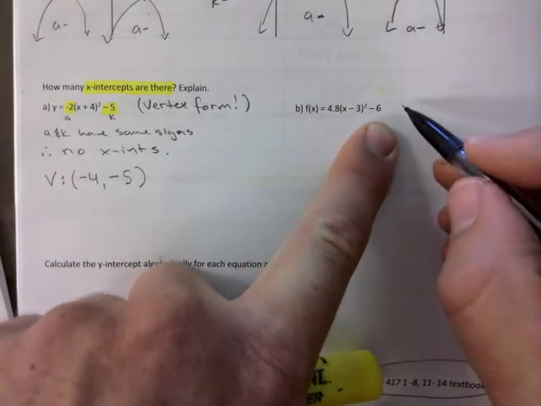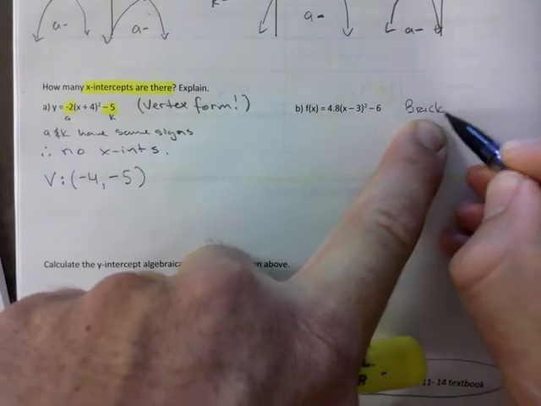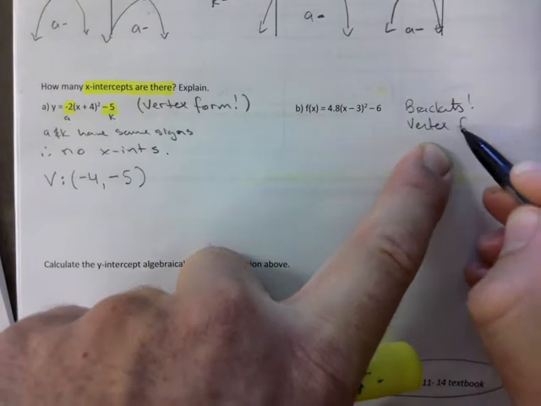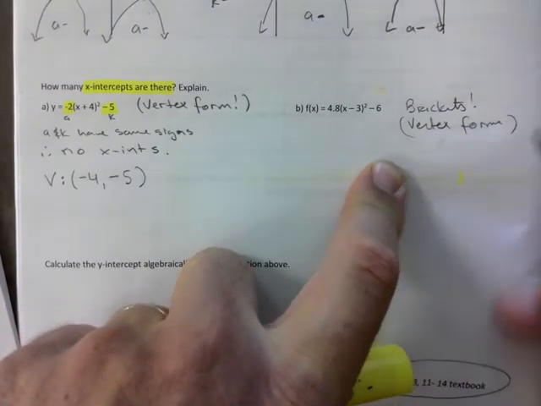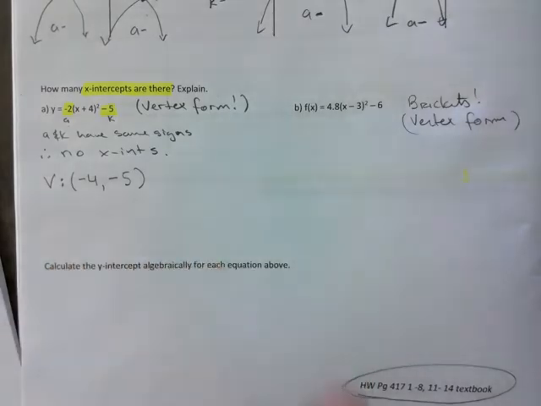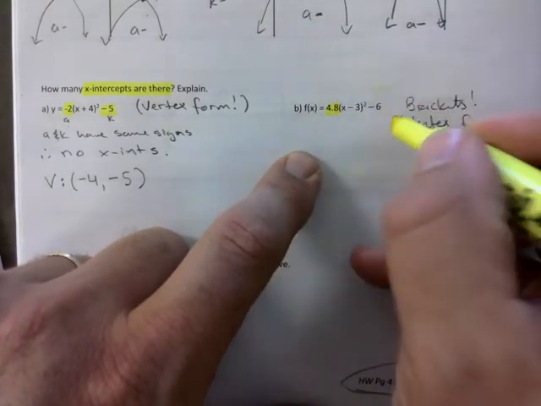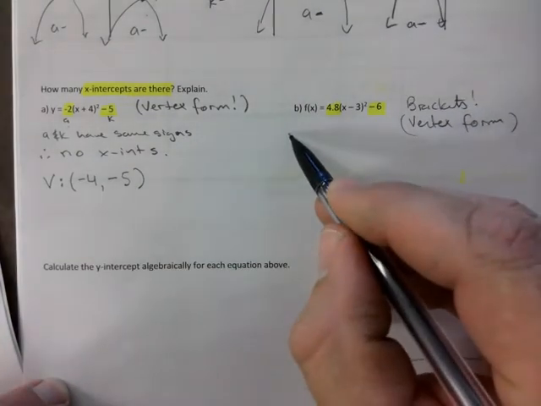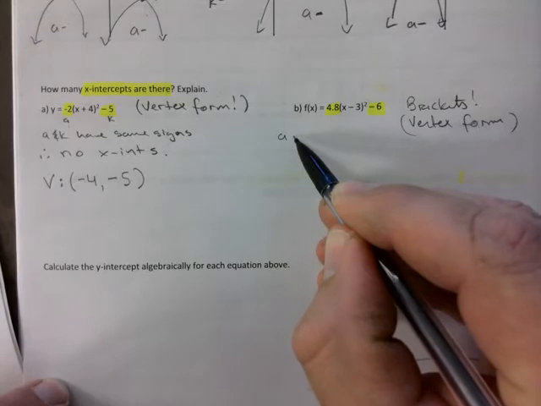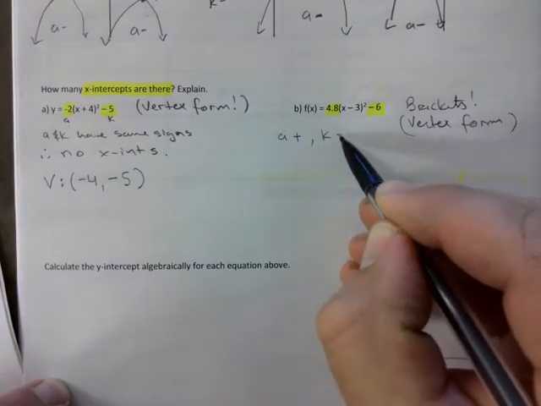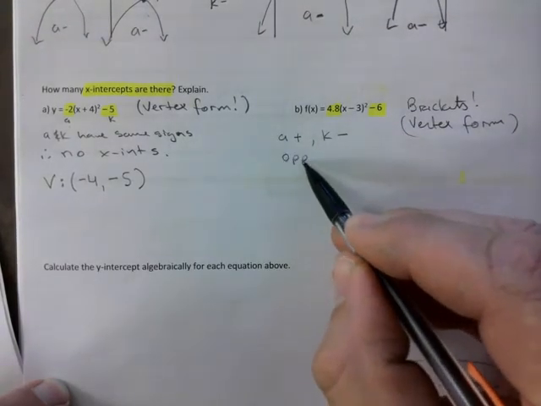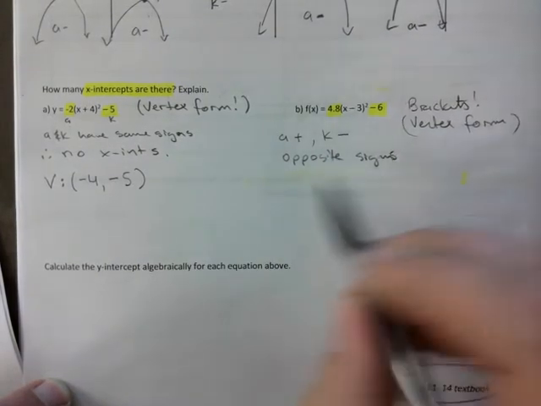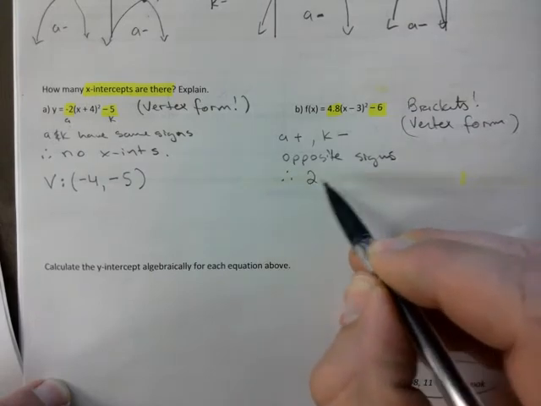Next one here, we have brackets. Brackets, vertex form. So then you need to focus: if it's vertex form, I know that that's going to be A, that's going to be K. So A is positive, K is negative, opposite signs, therefore 2 x-intercepts.